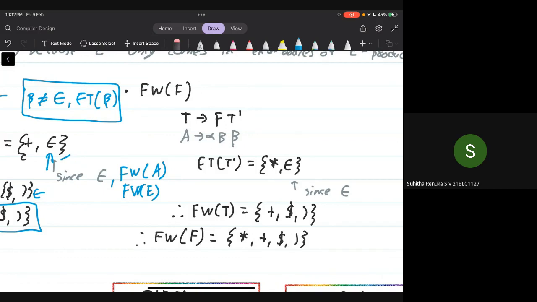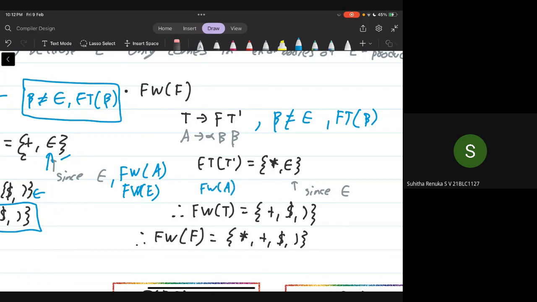So since beta is not equal to epsilon, you can take first of beta. What is first of beta? Star and epsilon, which is first of T dash. Since you get epsilon, you can't leave it like that. So you have to take follow of A.